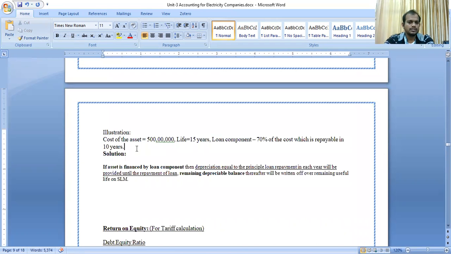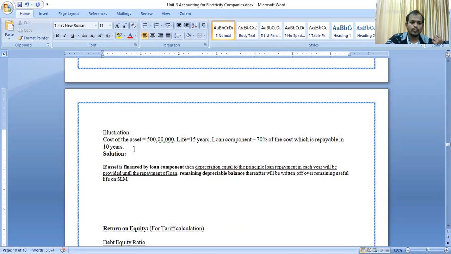Another illustration. What if such an asset is financed by a loan component? Cost of asset 500 lakhs, life 15 years, and the loan component is 70% of the cost, which is repayable in 10 years.